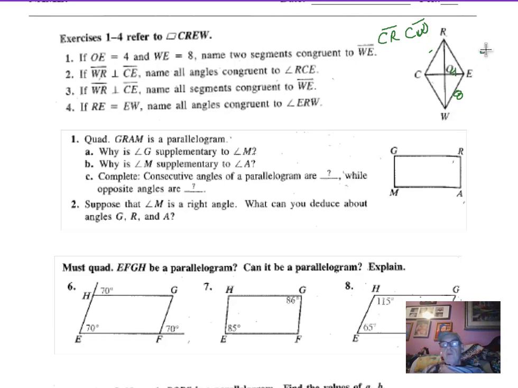So if we do 4 squared plus, call this x squared equals 8 squared, we got 16 plus x squared equals 64. Take 64 away from both sides, we got x squared is equal to 48.